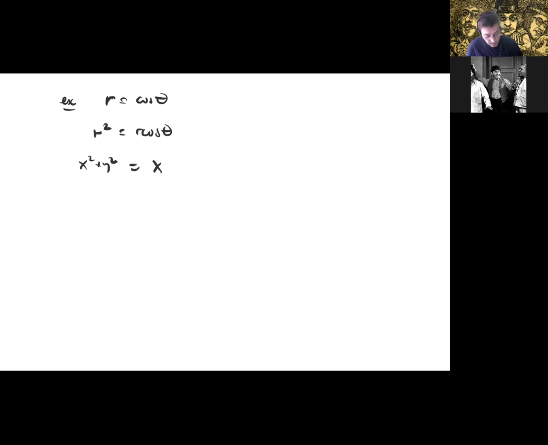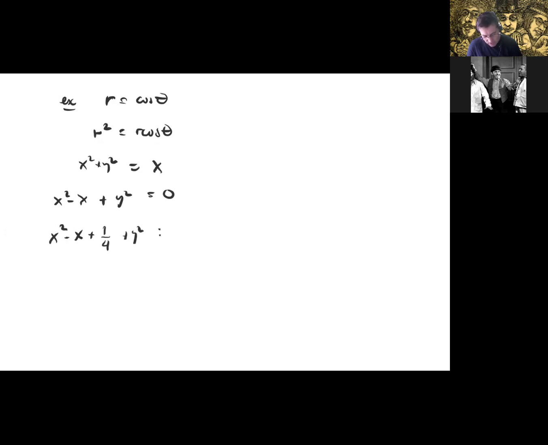Well, what's that? It's easier to write it in the following way: x squared minus x plus y squared is 0. And now I'm going to complete the square in the x's and the y's. The y's are already completed. So this is going to be x squared minus x. The coefficient of x is -1, so half of that is -1/2. We square it, we get a quarter. So it's x squared minus x plus a quarter plus y squared.